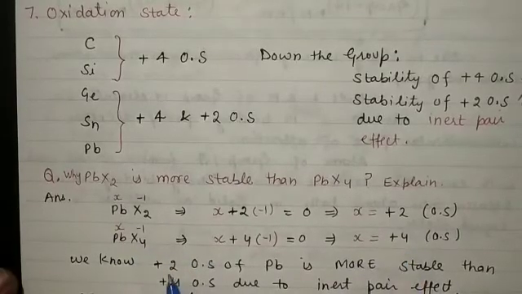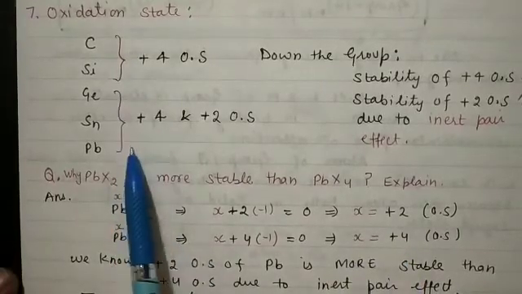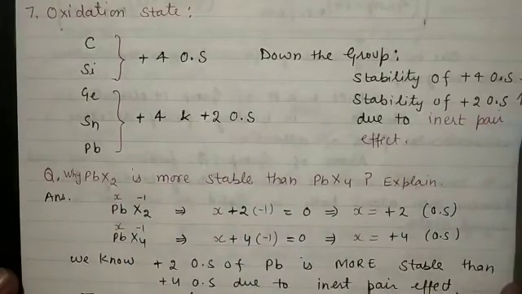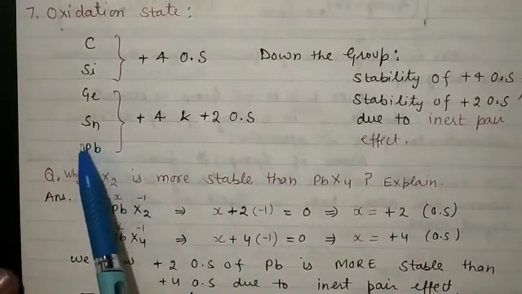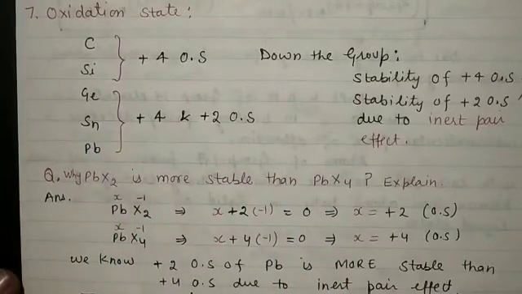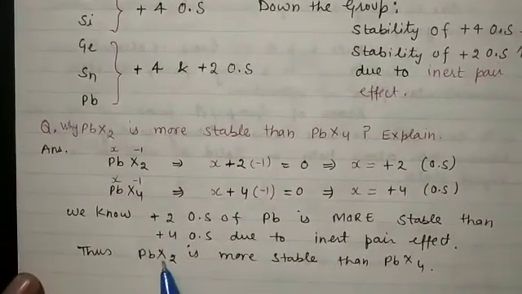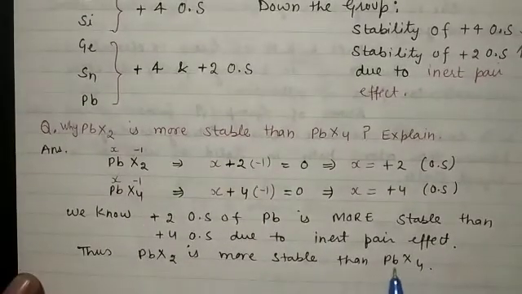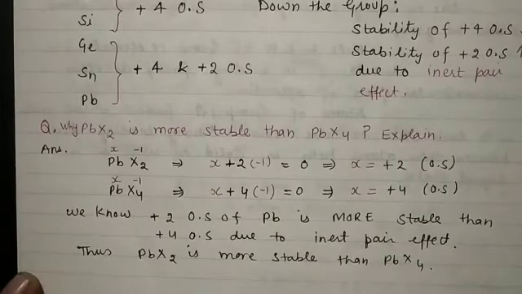As we move down the group, the stability of the +2 oxidation state increases, so lead will be more stable in the +2 oxidation state. That's why PbX2, where lead is in +2 oxidation state, is more stable than PbX4, where lead is in +4 oxidation state.